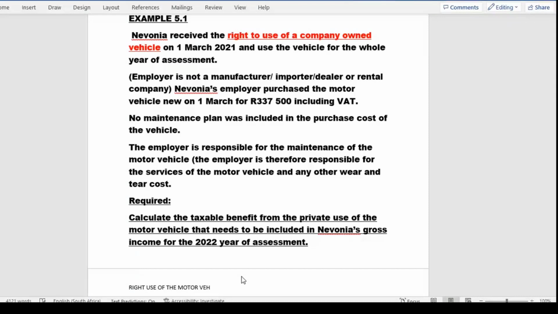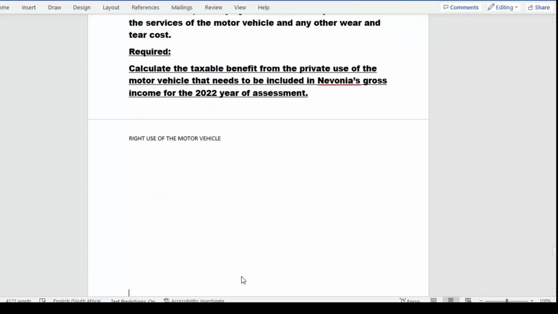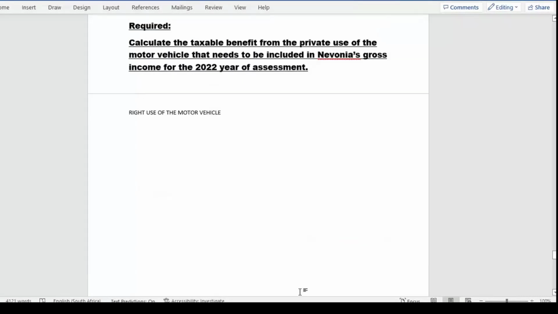Yes. After you write the determined value. So I'm going to do the determined value. Determined value. Right. And I feel the answer is 337,500. Like this. Yeah.